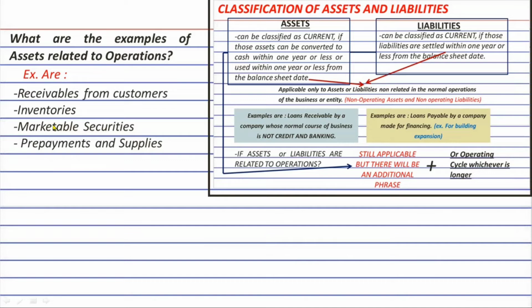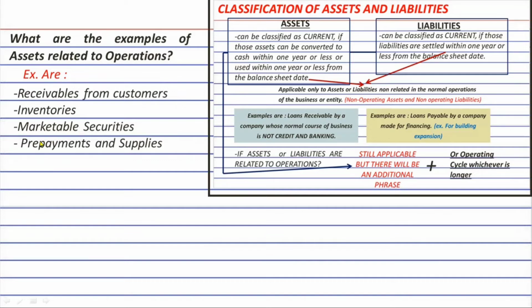But by the time the market price becomes higher, the company will sell it. So if your company is like that, then those securities are considered marketable securities. And those marketable securities are assets related to operations.